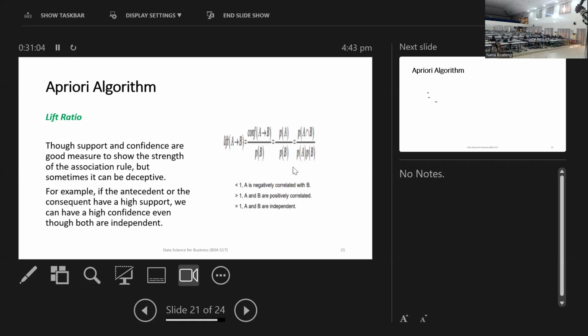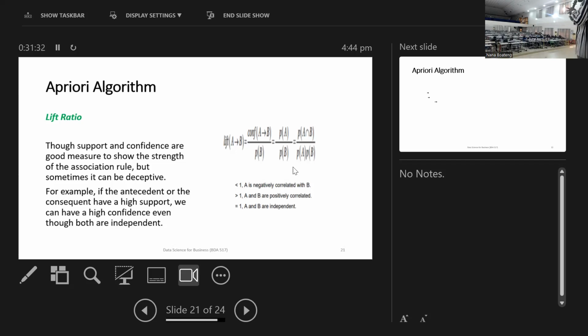When you have a lift that is more than 1, that means that they are correlated. So you can have a high confidence, high support, but the lift is 1. That means there is no association. So you cannot say that when this happens, that happens, just from support.